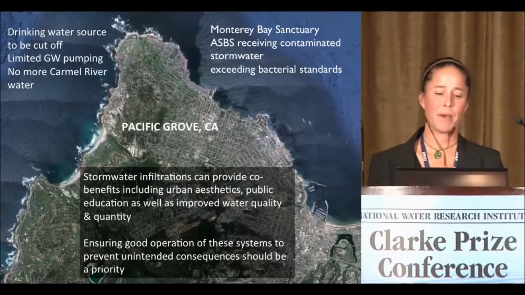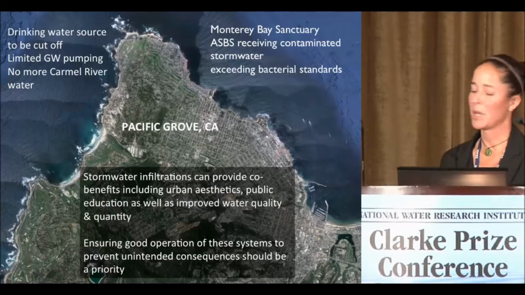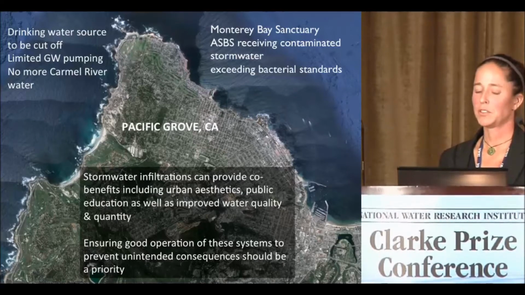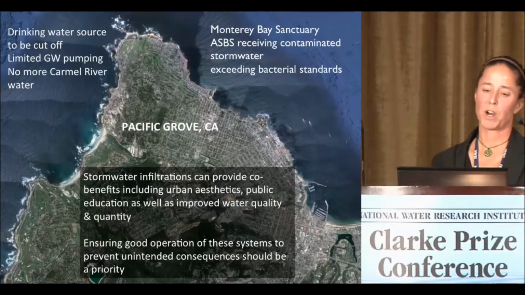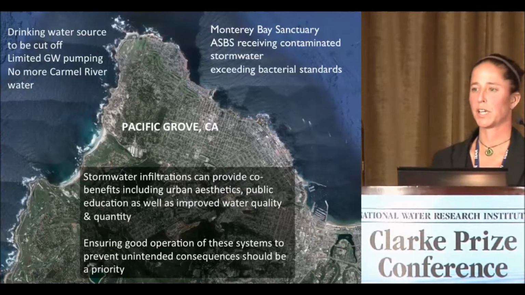So let's take a step back and talk about where we started, where I started this talk, and talk about Pacific Grove, California. So here's a location where one of their major drinking water sources is basically going to be cut off. They can't do any more groundwater pumping next to the Carmel River, and they won't be able to get any water from the Carmel River.